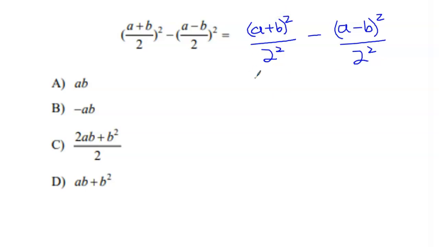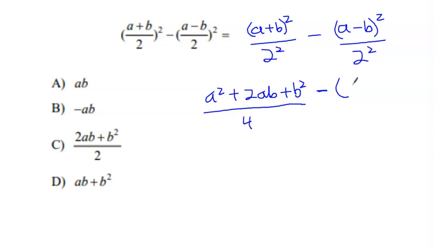And if you know your Pascal, we are going to expand this, so it's just going to be a squared plus 2AB, as we got from the other one, and then b squared, minus, put the parentheses here, all over 4. Here becomes a squared minus 2AB plus b squared. I'm using Pascal's triangle to expand that, and here becomes 4.